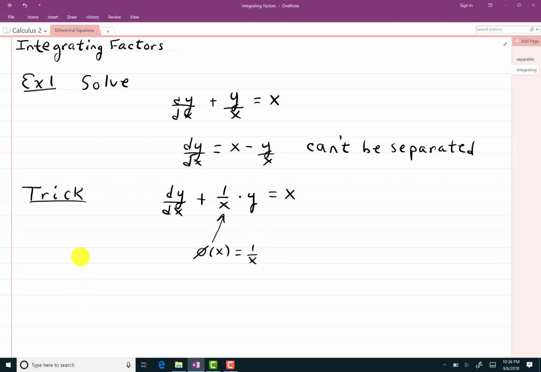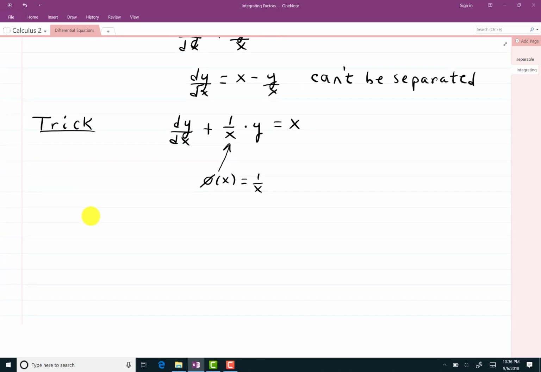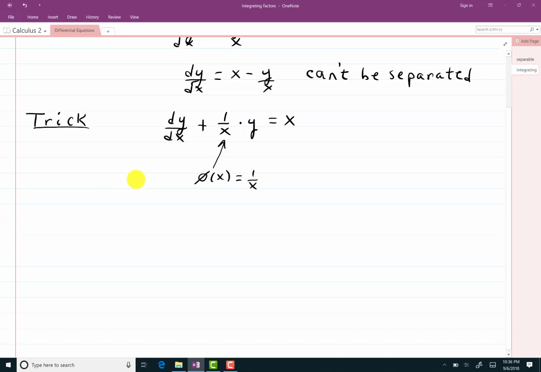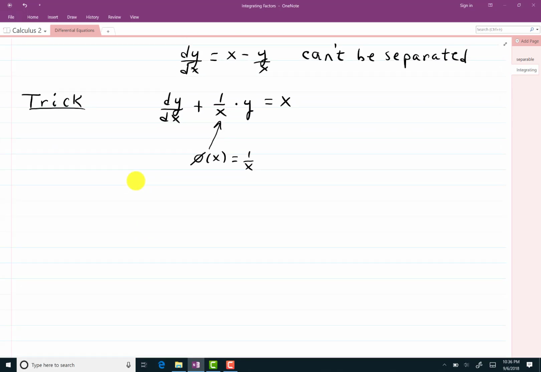But for right now, I'm going to make a computation. The computation will look like this. e raised to the integral of 1 over x dx. When I integrate 1 over x, I get the natural log of the absolute value of x.